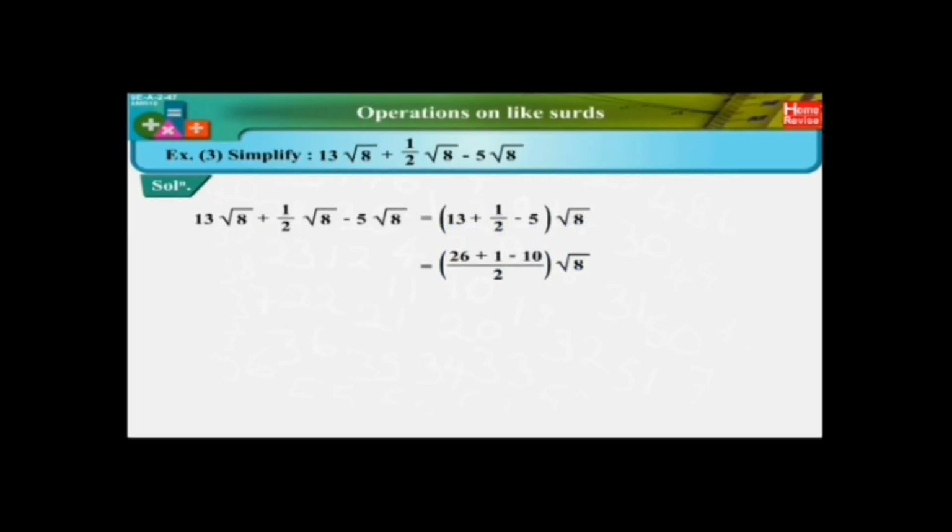So we will solve it and we get (26 plus 1 minus 10) upon 2 root 8, which is equal to 17 upon 2 root 8, which can be written as 17 upon 2 root 4 multiplied by 2, which is equal to 17 upon 2 multiplied by 2 root 2, which is equal to 17 root 2.